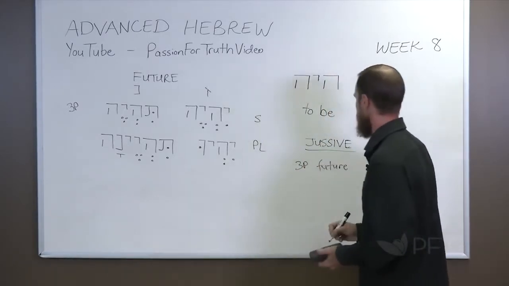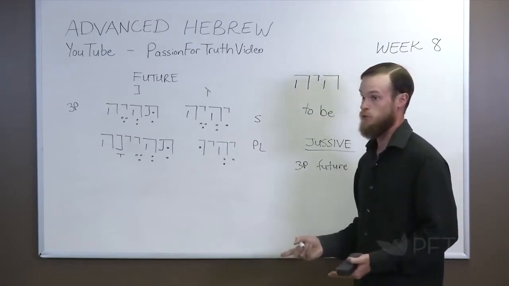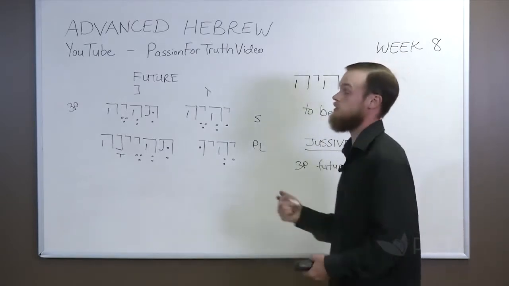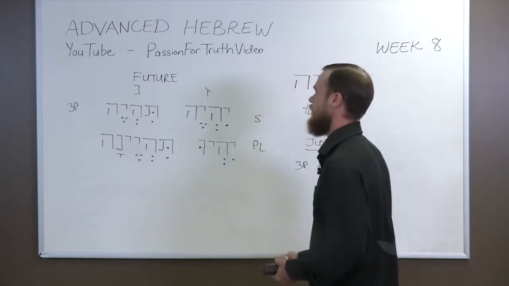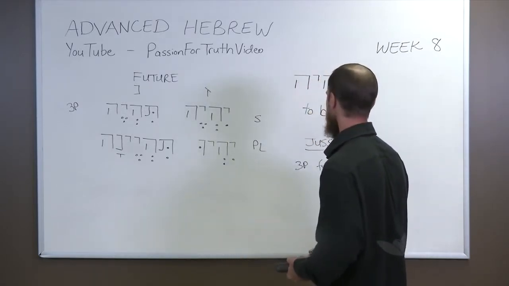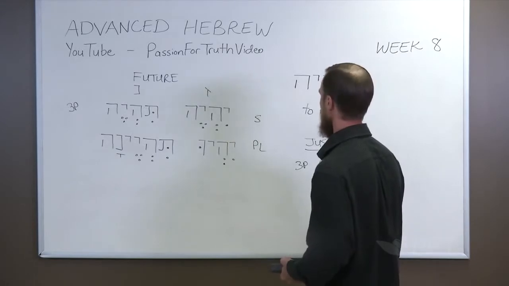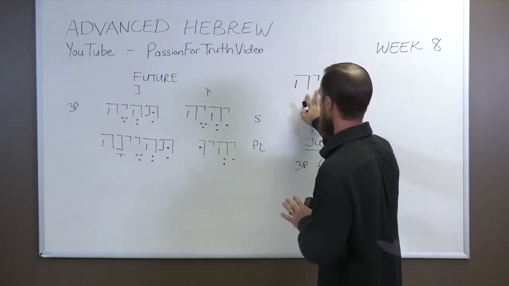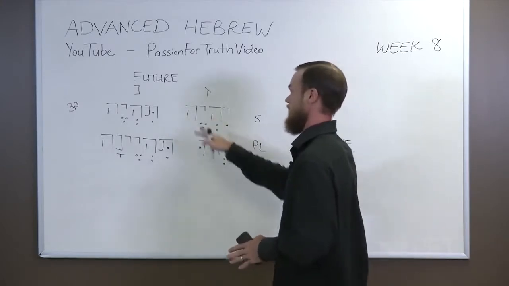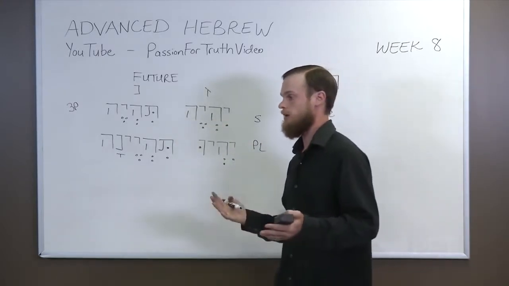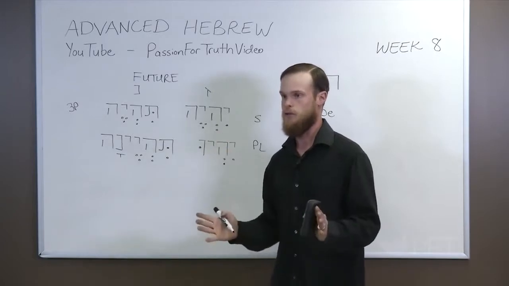But instead of being a statement about the future, it's a statement of desire about the future. So when haya is put in the future tense, masculine singular, yeheye means he will be. It's a dry statement about future events.